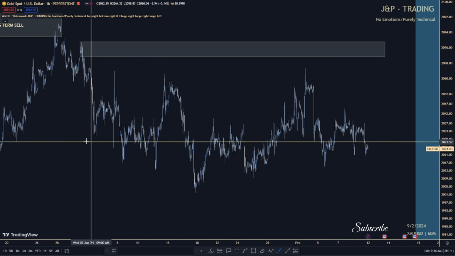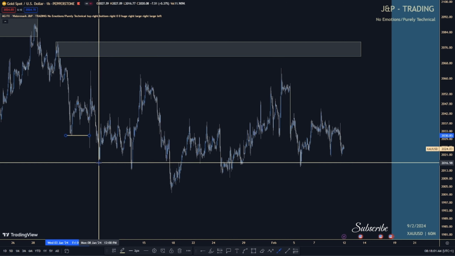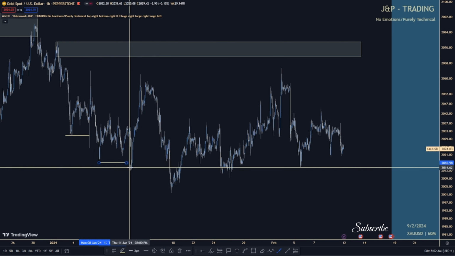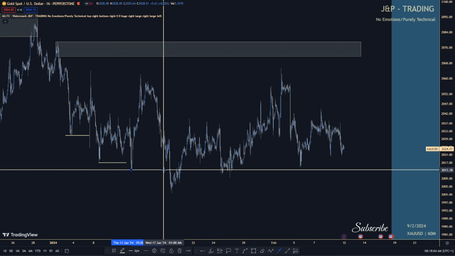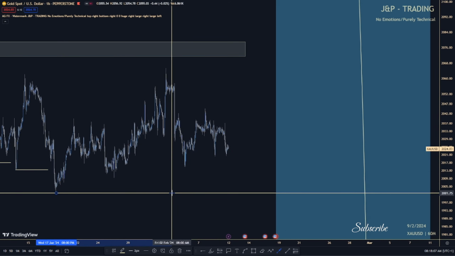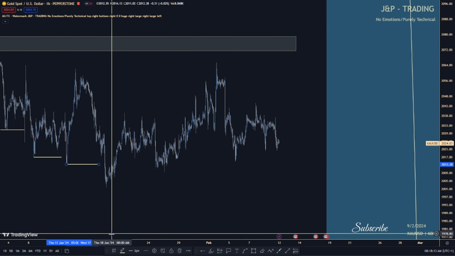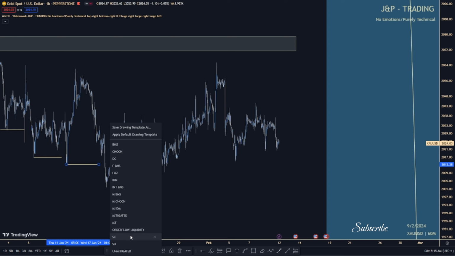So at this point we are going to mark out our external range breaks. That's our external range. This is our SH point. That should be our SH point. That's our range low, but that's an external range.